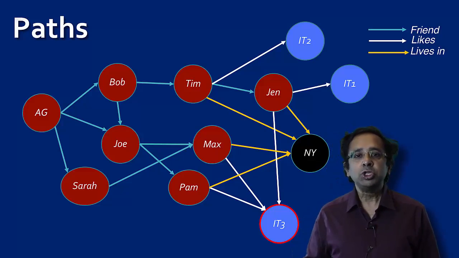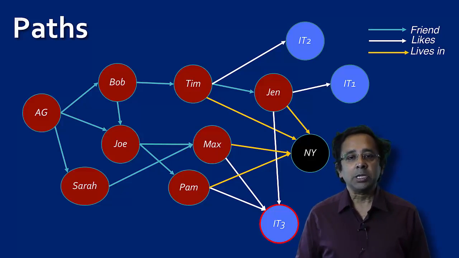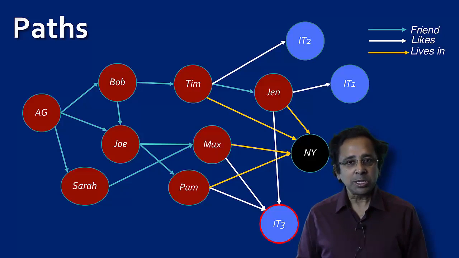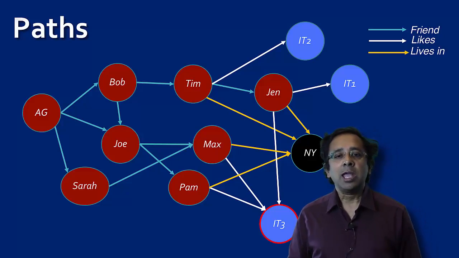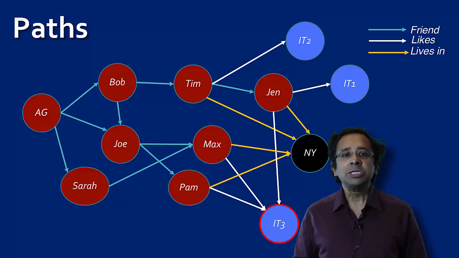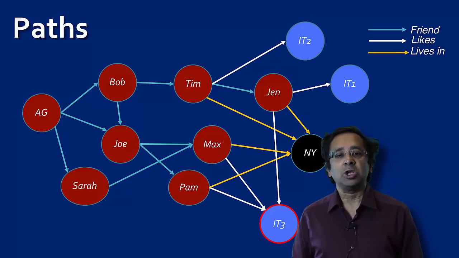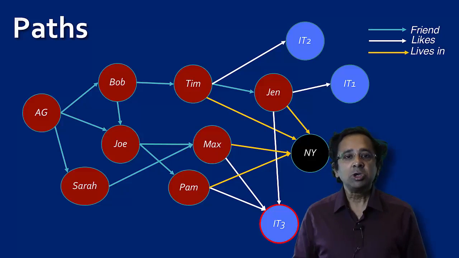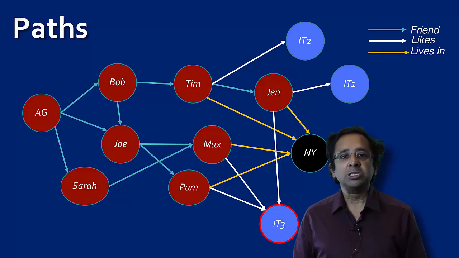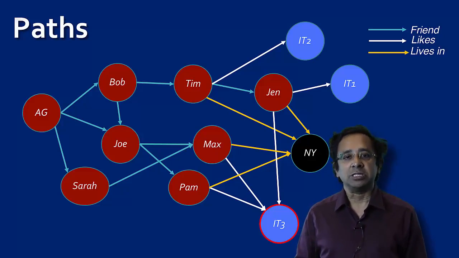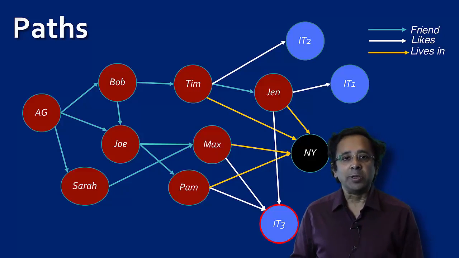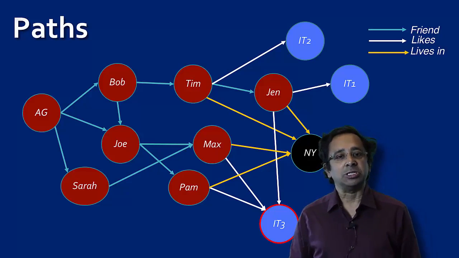I shall possibly choose IT3 because it has the highest number of like edges coming into it from people who have a lives-in edge to New York, and at the same time can be reached by following the friend edges going out from me. Now, this shows a very important class of operations on graph data, namely traversal, that involves edge following based on some set of conditions.